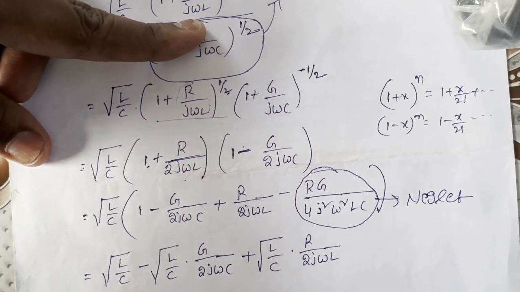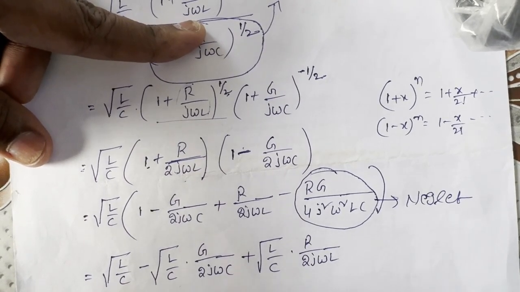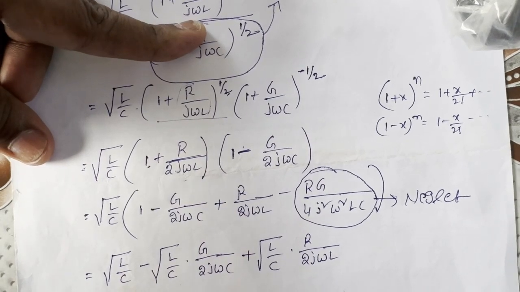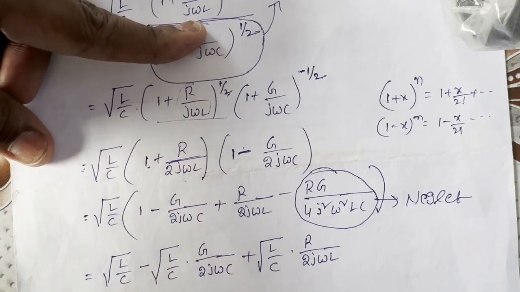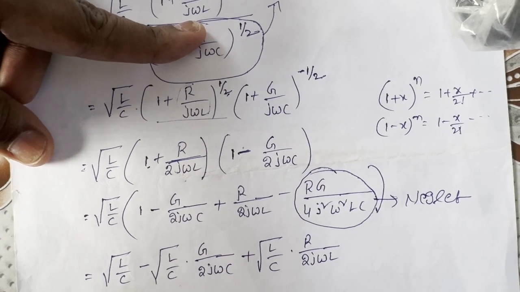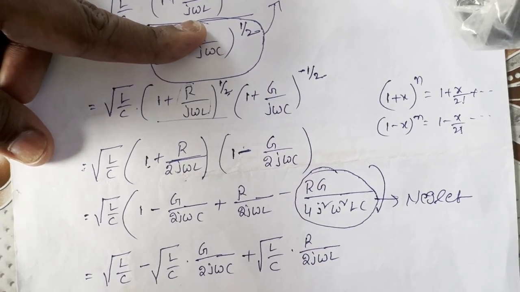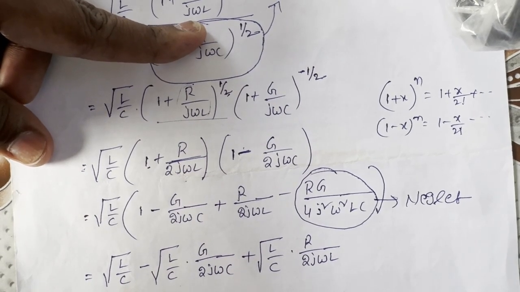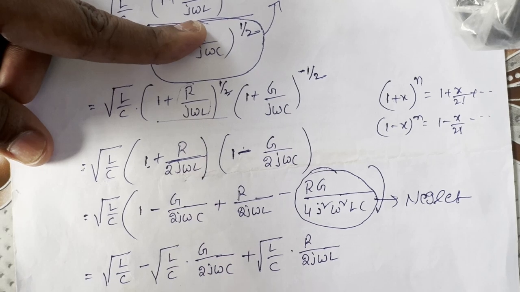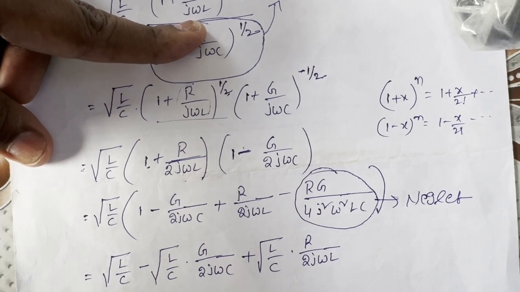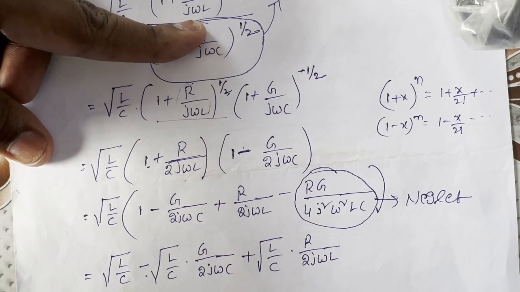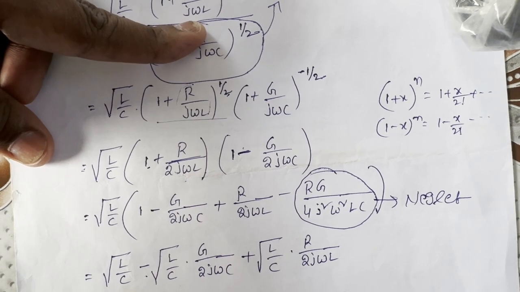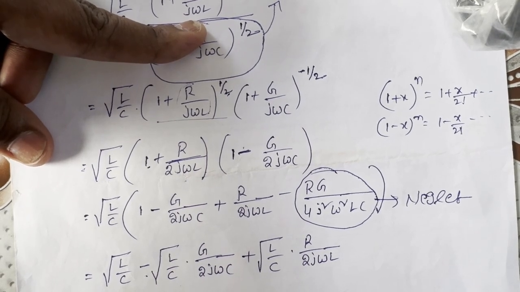I am writing as a common term, or else we can take 1 by 2j omega as a common term. 1 by 2j omega into, here it will become root L by C into here is G by C, and here is minus because there it is plus, when we take plus 1.